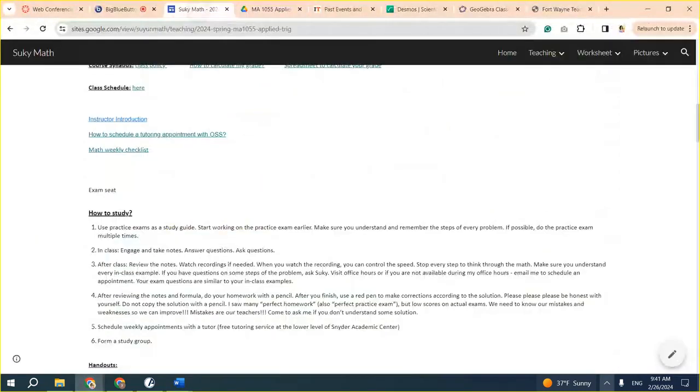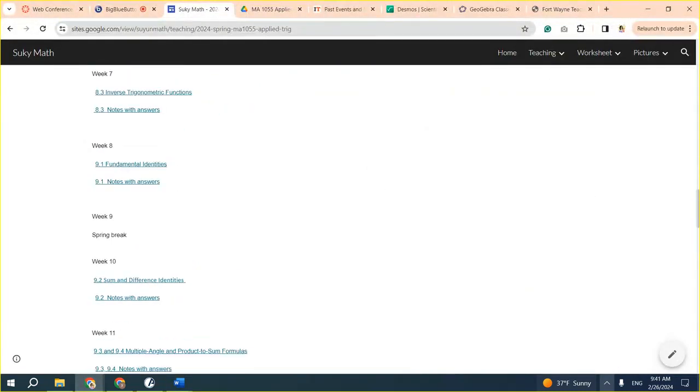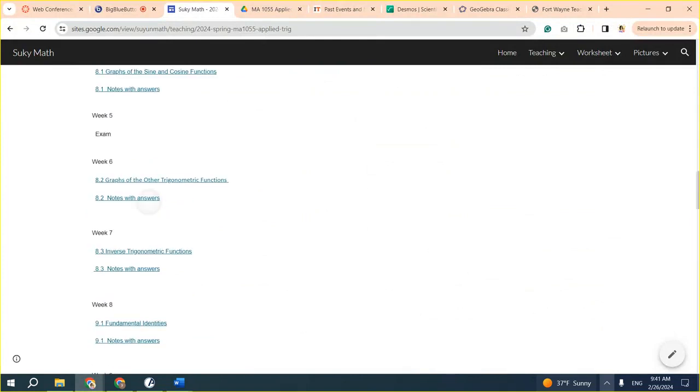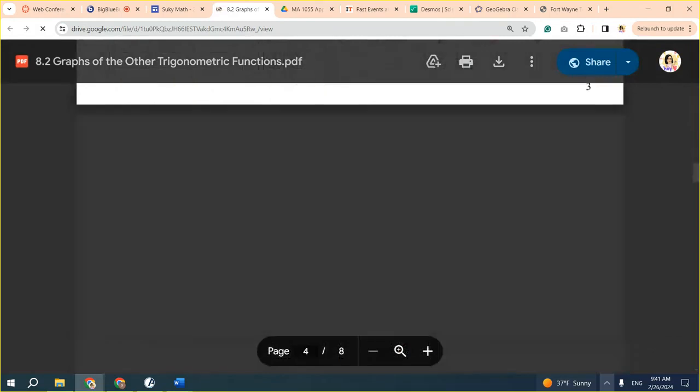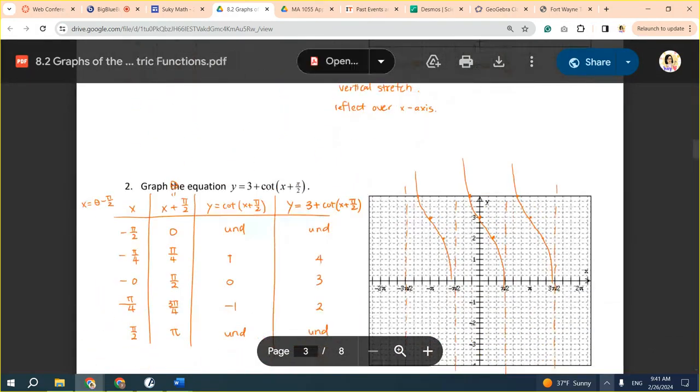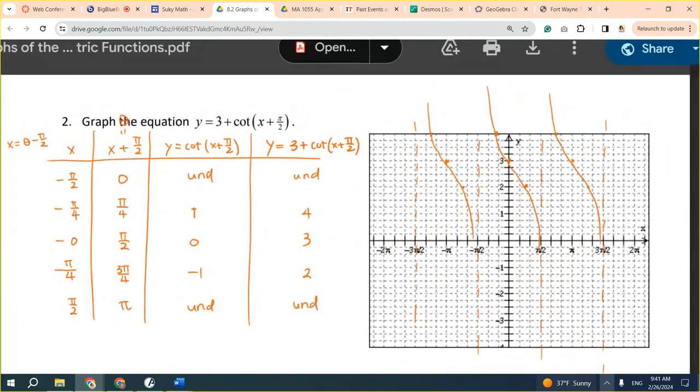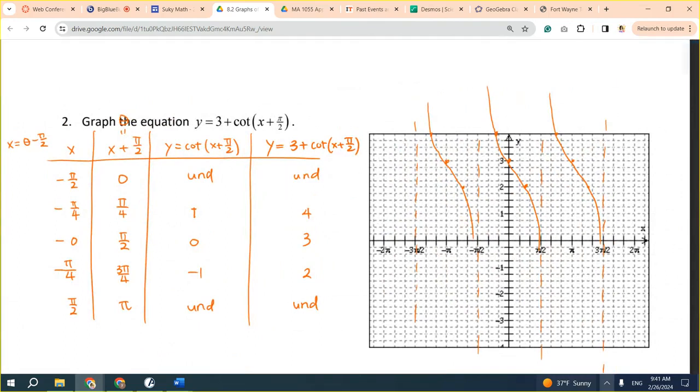Okay, so let's check our answers. First step. So you know how I wrote it. This is a long time ago. So right now I will write this is theta, and I will write this cotangent theta.